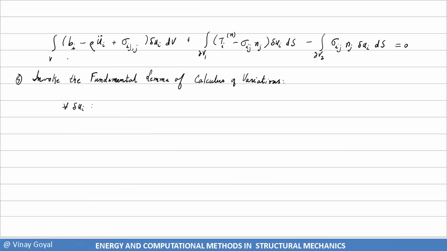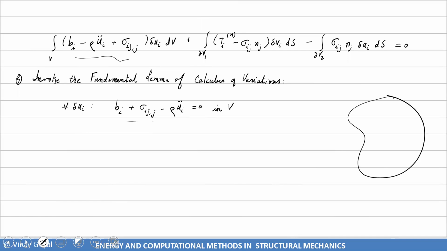Well, this is a volume integral. So therefore, bi minus rho, and I'll just write it out as you've seen it before, this in V, in the volume V. So there's a volume V. This equation is true for every point in the volume. That's what that's saying. And then I look at the second integral.